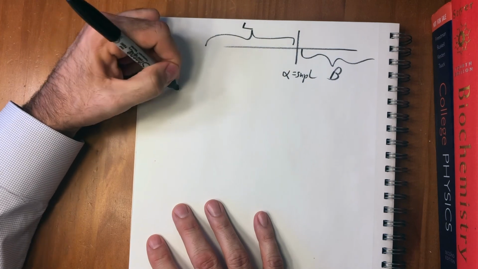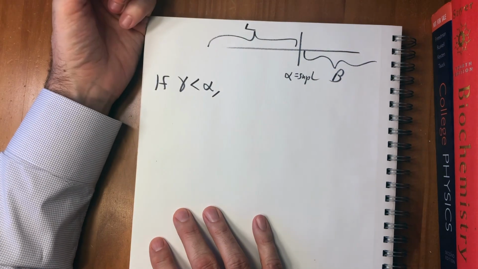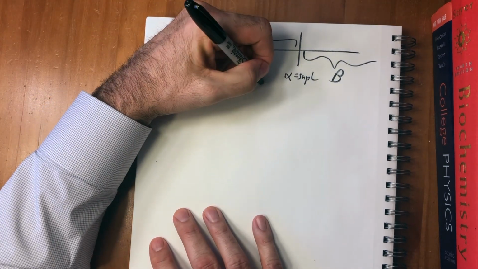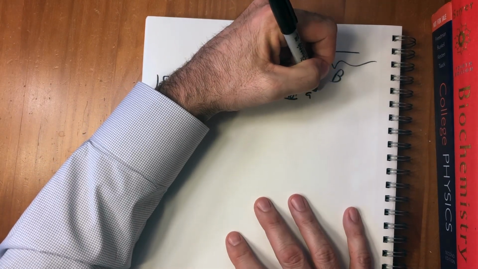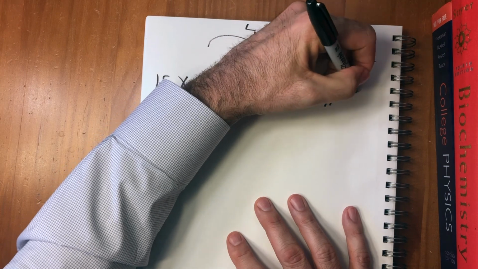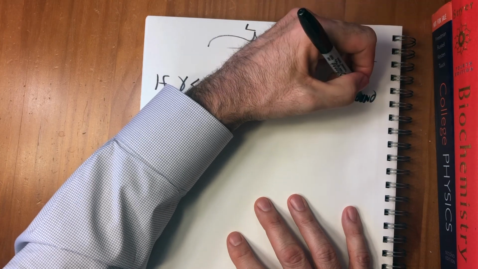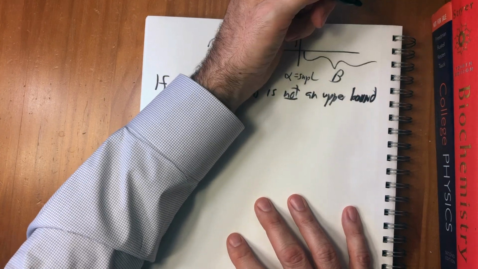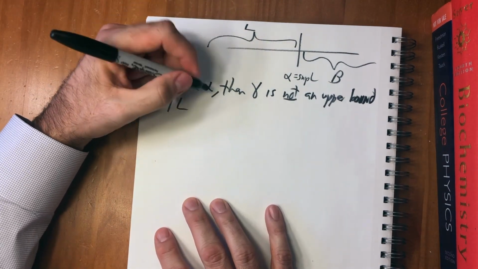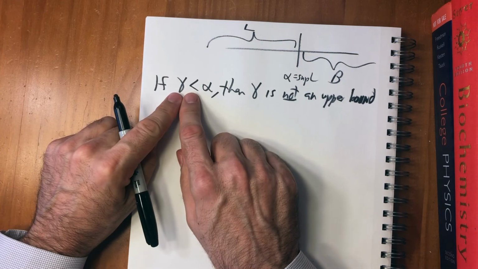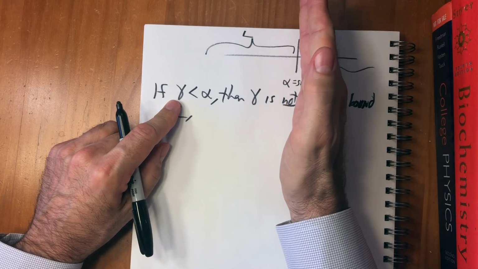So if we have a gamma that's less than alpha, then gamma is not an upper bound of L. If there's a gamma that's less than alpha, we've established that alpha is the least upper bound.